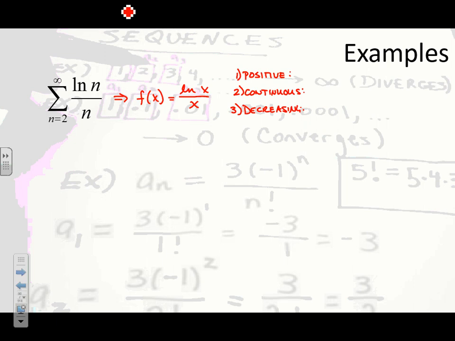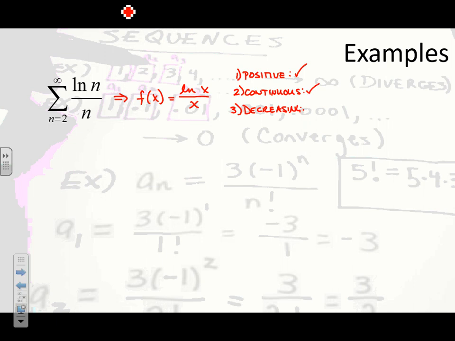Yeah, so natural log of x is always going to increase, x is always going to increase, so the positive is good. How about continuous? The only concerning point would be x equals 0, and since that's not part of our domain, we don't really have to worry about it. So we're going to be continuous.